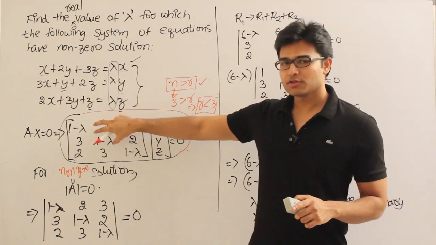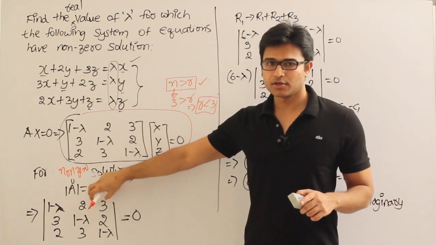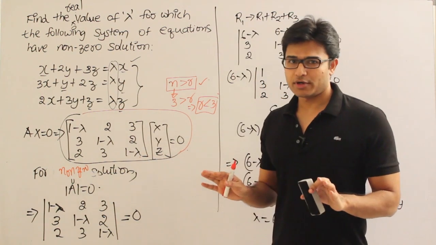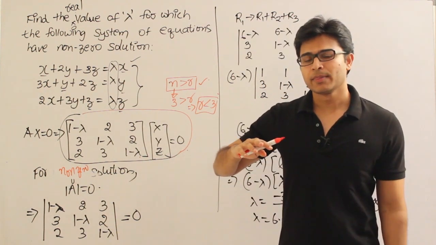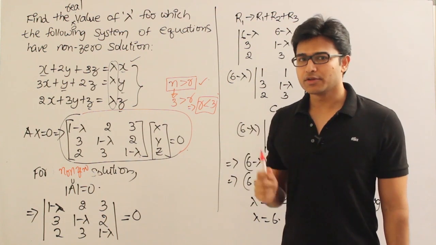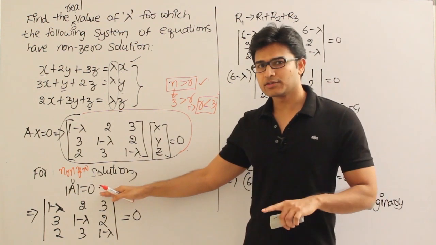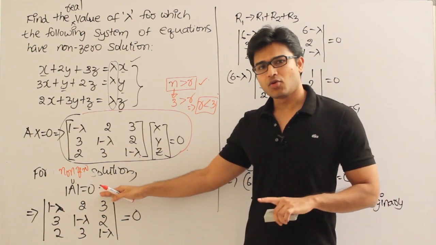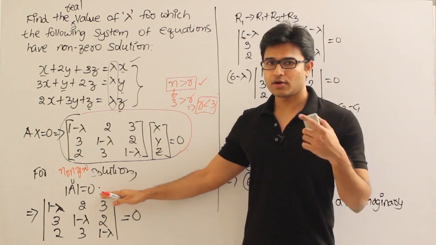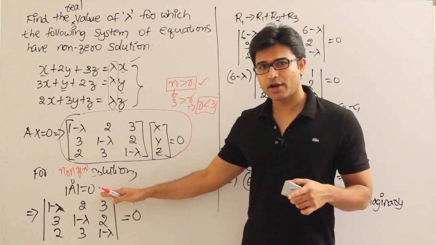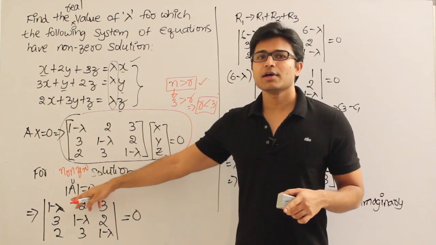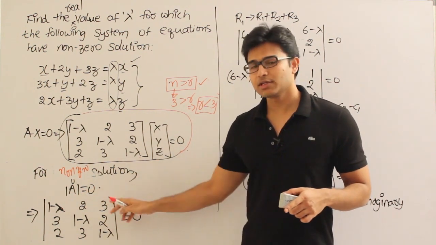I don't want to actually solve the equations. For that reason, you need not apply only row transformations. You can apply row as well as column transformations according to your convenience, just to find out for what values of lambda this determinant is equal to 0.